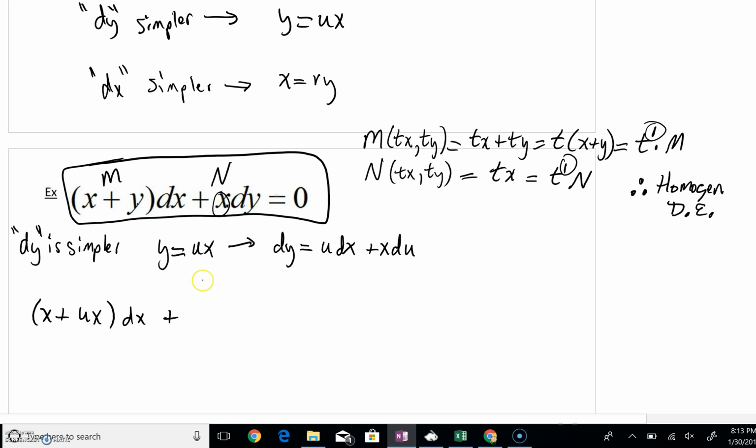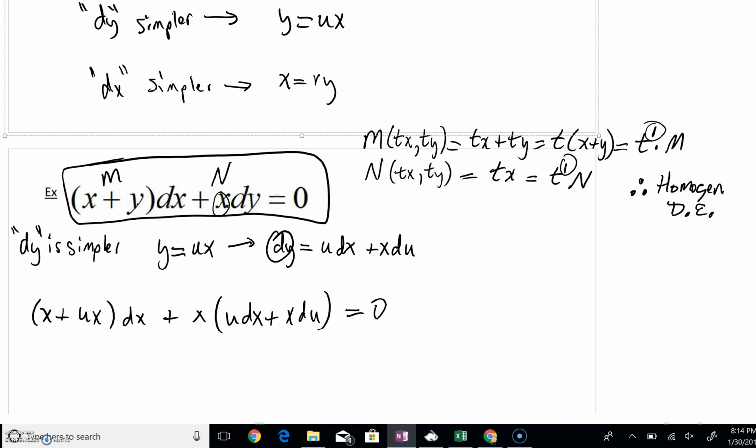And then I've got my x for my N right here, but my dy, you can see, my dy is going to be u dx plus x du. Now, at first glance, you're probably looking at this thinking, did this actually help us out? It did, actually. It might not appear that way just yet. But this differential equation is about to get to be separable, if you can believe that.